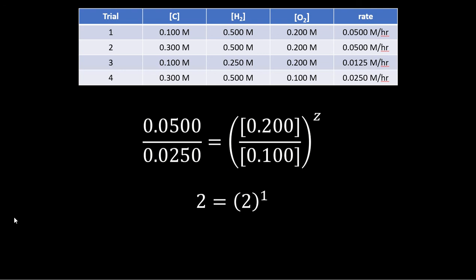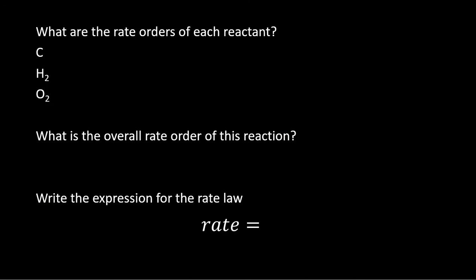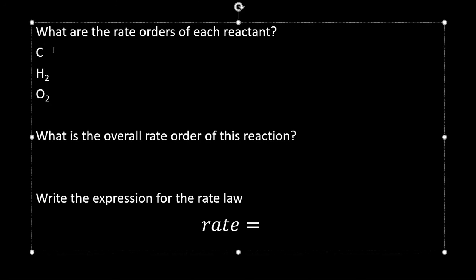Now, here's some information that we can solve, knowing that we have all 3 of those reaction rate orders. What are the rate orders of each reactant? Well, for carbon, we had the value of X, which we found to equal 0.